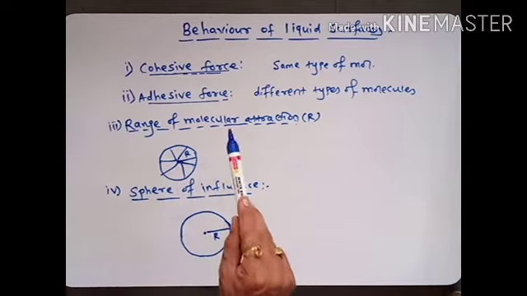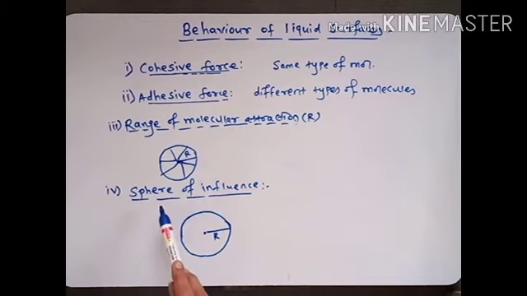And fourth, sphere of influence: if we draw an imaginary sphere around the molecule, with the molecule at the center and radius equal to the range of molecular attraction, that imaginary sphere is called the sphere of influence.